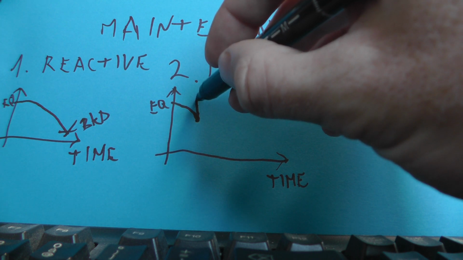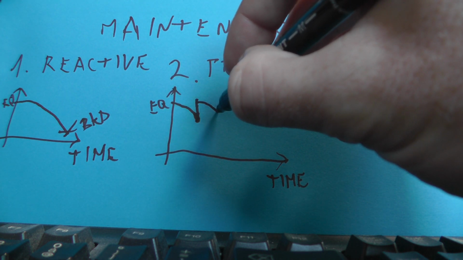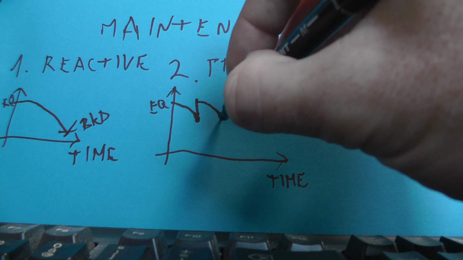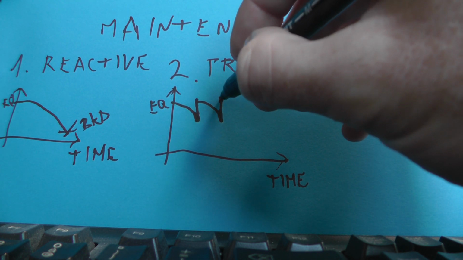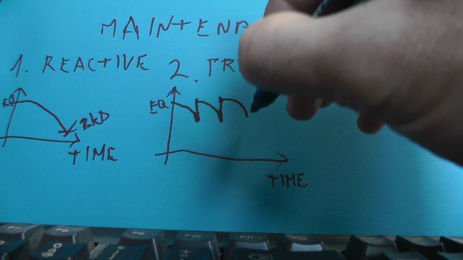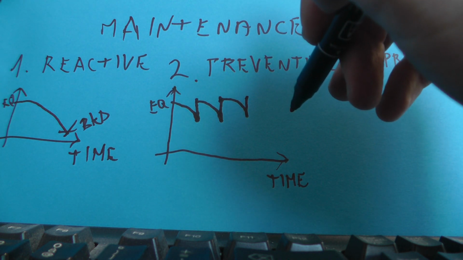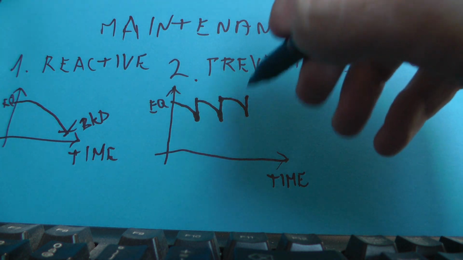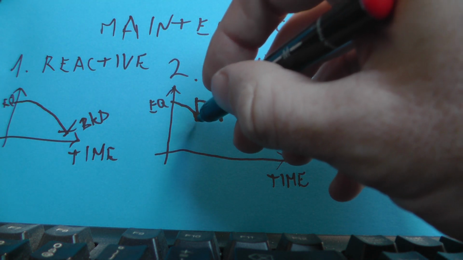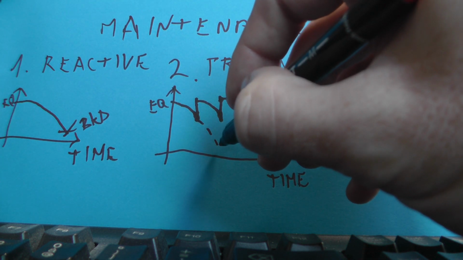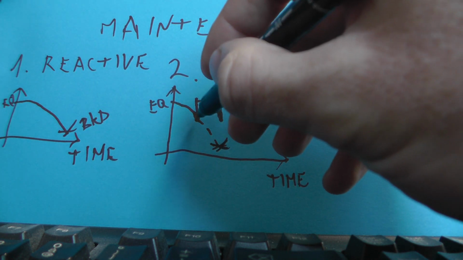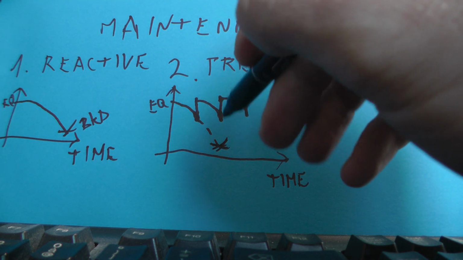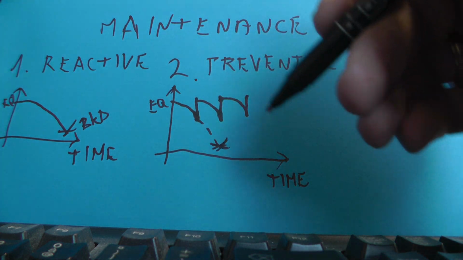So we again go somewhere here, equipment working, and again preventive maintenance, and again equipment working, and again preventive maintenance. And the breakdown should be somewhere here, but we provide preventive maintenance, so we are without breakdown.